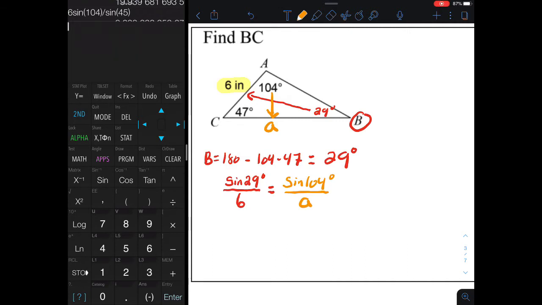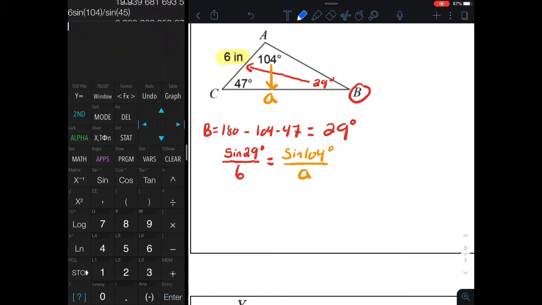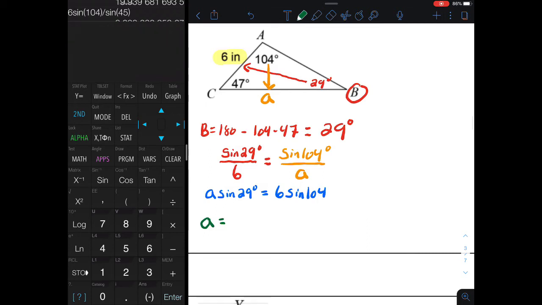So from here you would cross multiply, get A out of the denominator. So I'd cross multiply, and that's going to give me A times sine of 29 equals 6 times sine of 104. And then we would divide by sine of 29. And we would have A, side A is equal to 6 times sine of 104 degrees divided by sine of 29.